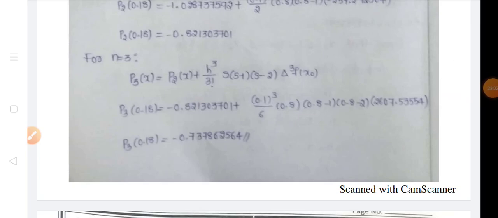Therefore, P3 of 0.18 is equal to minus 0.737862564.